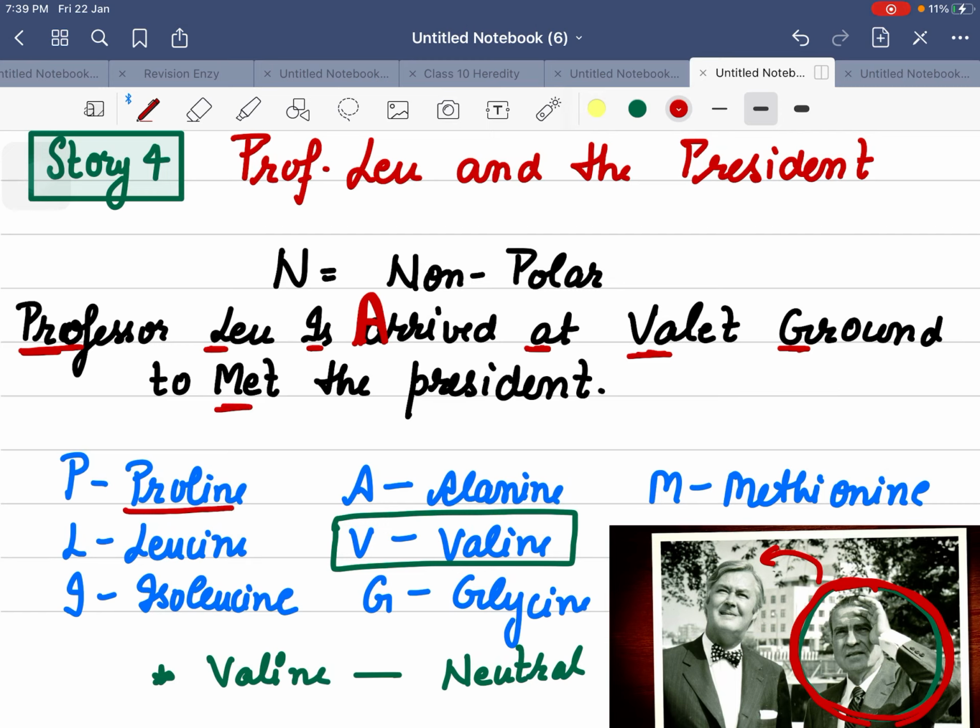Professor, proline. Liu, leucine. Is, isoleucine. Arrived, alanine. Valley ground, valine, ground, glycine. To meet the president, methionine. Right. So Professor Liu arrived at valley ground to meet the president.